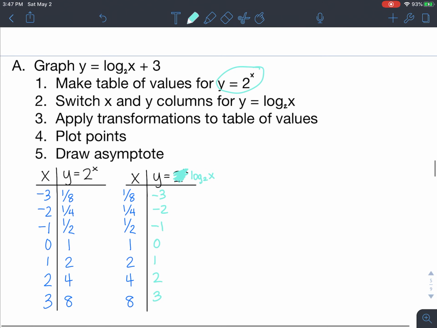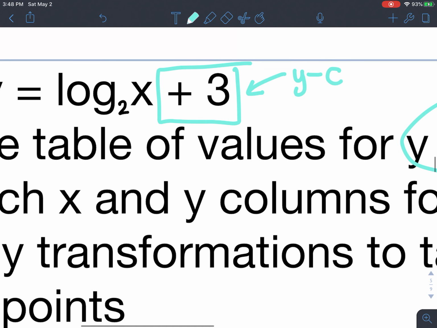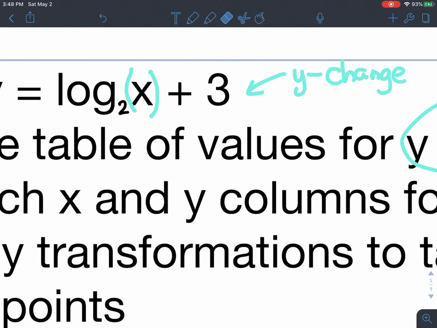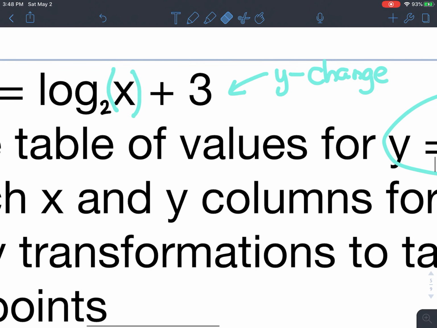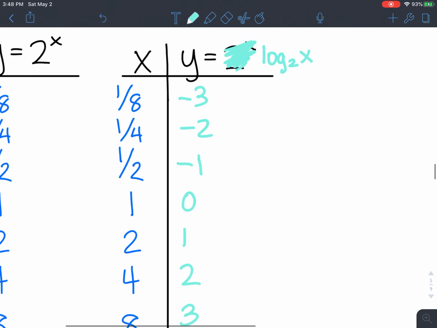Now we have to address this transformation. Now, because there's no parentheses here, this is a y change. So you could even picture it like this. That might be actually more helpful than anything. So the 3 is not in parentheses. So this is a change to y. So this is going to take all the y values and add 3 to them. And that's what we're going to do down here.